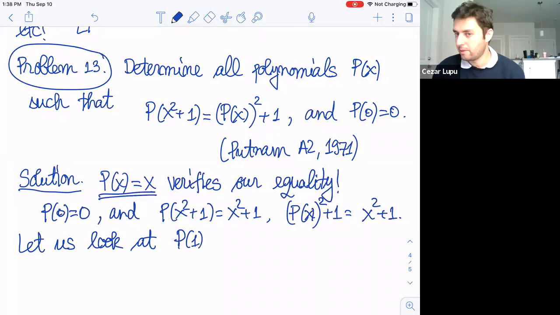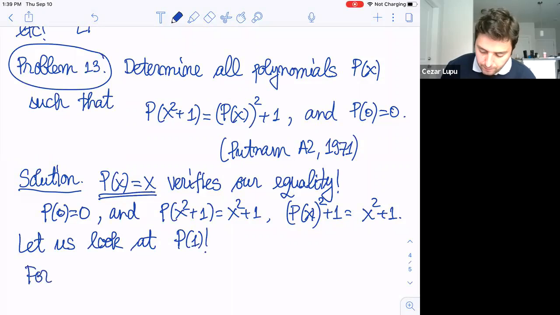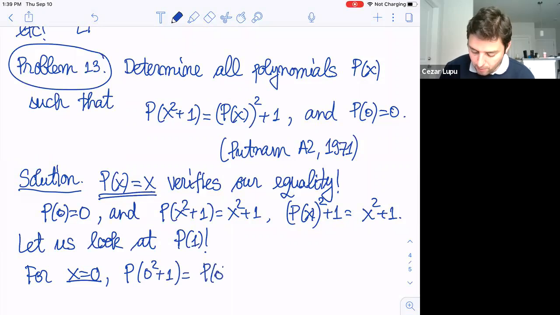So what do you think of P of 1? Let's, for x equals 0, we have P of 0 squared plus 1 is P of 0 squared plus 1.